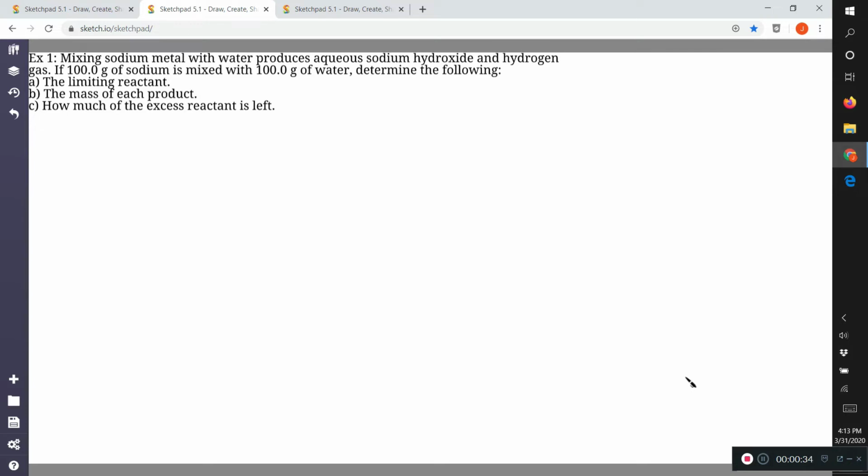Anytime we're working with chemical combinations, the first thing we want to establish is a correctly balanced chemical equation. So we have sodium, which if it's in metal state, it's a solid, plus water, which is going to be in a liquid state.